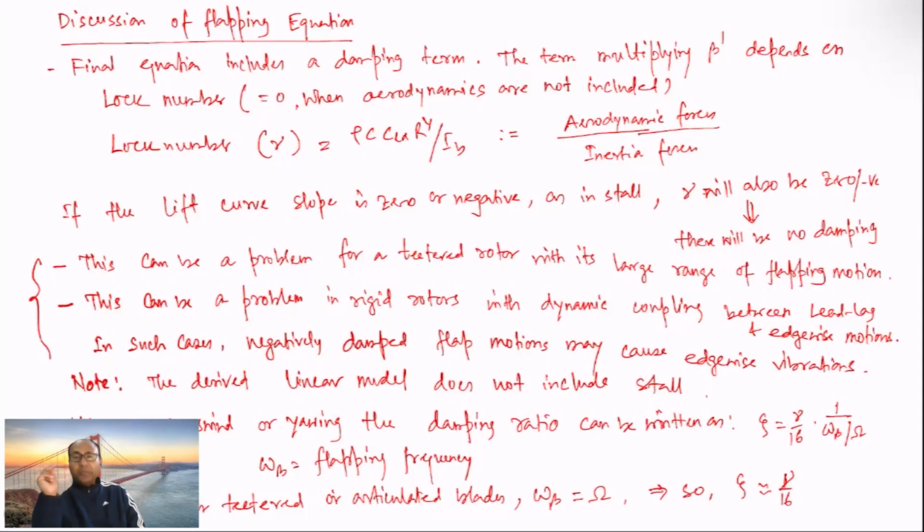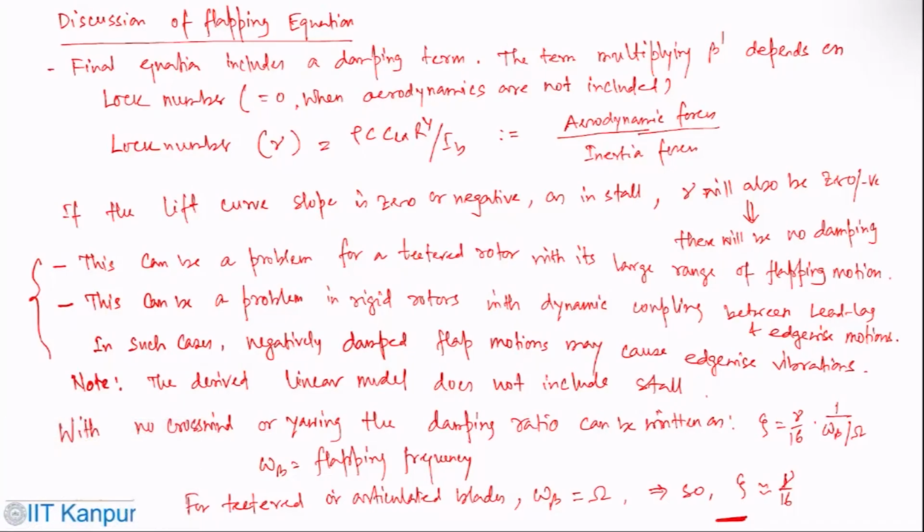But this can be a problem for tethered rotors or rigid rotors when dynamic coupling is there, because negatively damped flap motion may cause edgewise vibration. But our derived linear model doesn't include stall, so one has to take that into account by some modification.